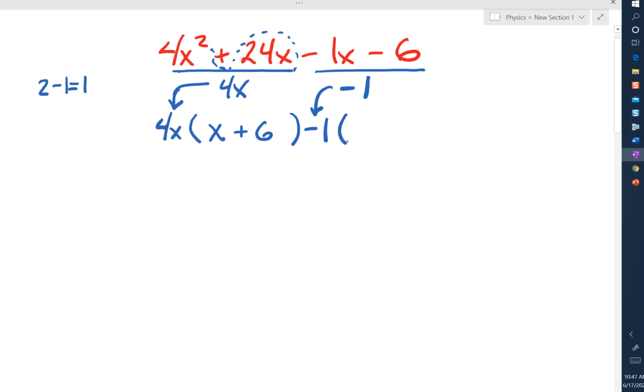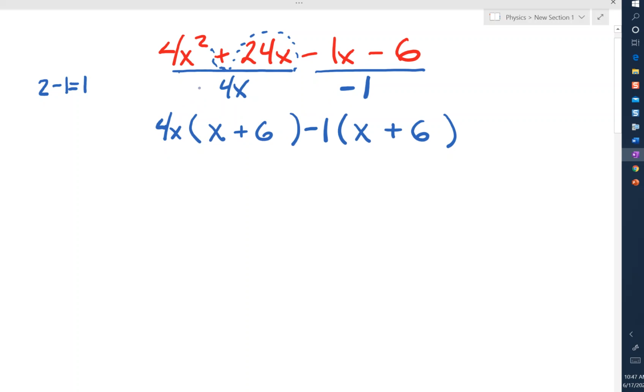And I'll divide that negative 1 out, and negative 1x divided by negative 1 is just x. And then negative 6 divided by negative 1 is positive 6. So now I've got this term right here, and I'll erase these arrows so it looks a little clearer.